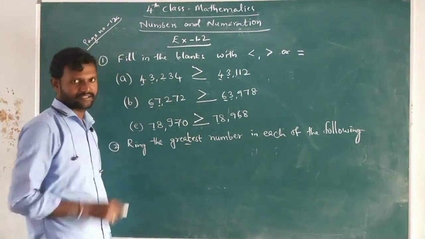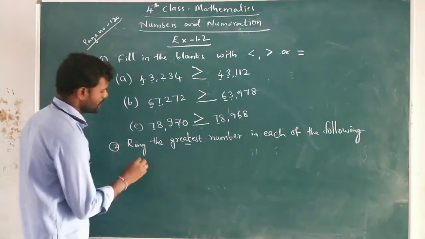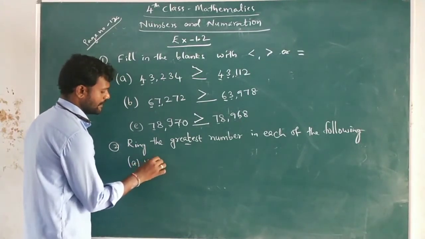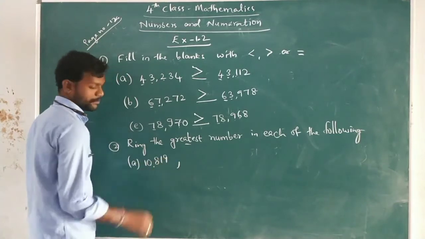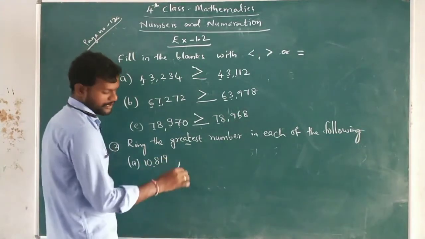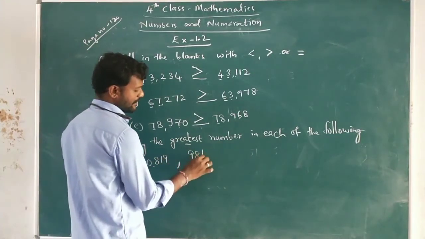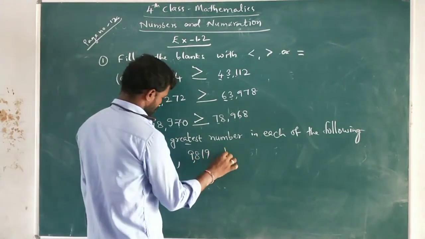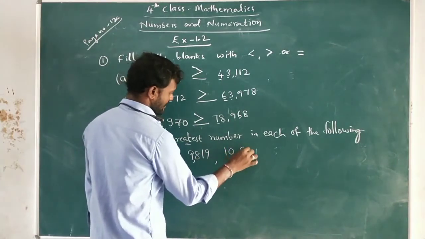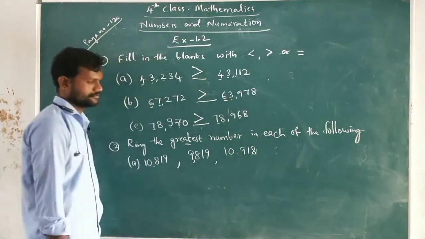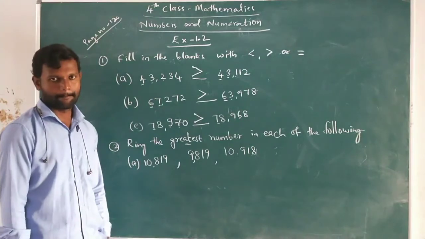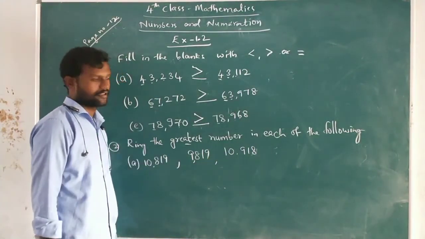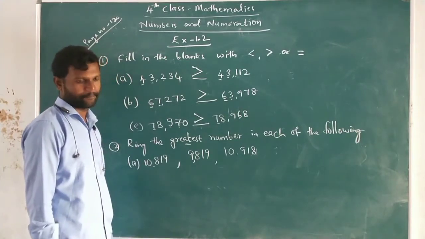Ring means you have to draw a circle around it. So problem A. What is problem A? 10,819, 9,819, 10,918. Okay, so observe these three numbers and identify which is the greatest number here.